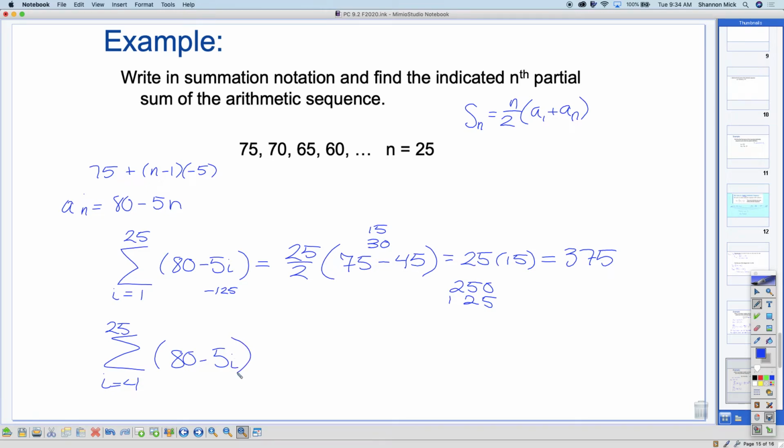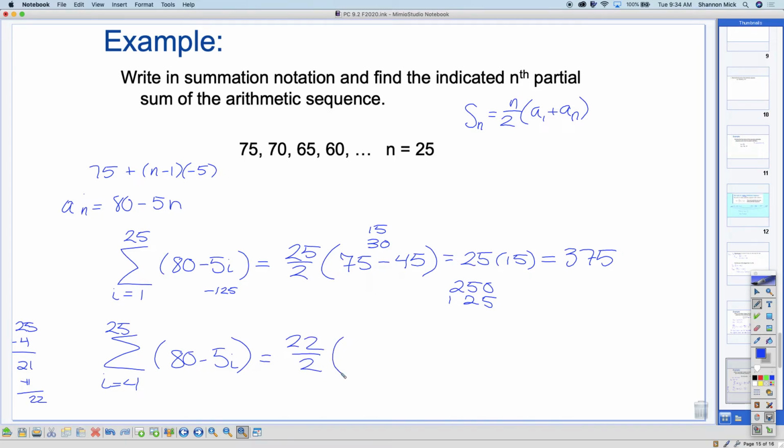Okay, same formula. So n would be 25 minus 4 is 21, plus 1 is 22. Again, we're counting things, not gaps, because you have to count 4. So we have 22 over 2.